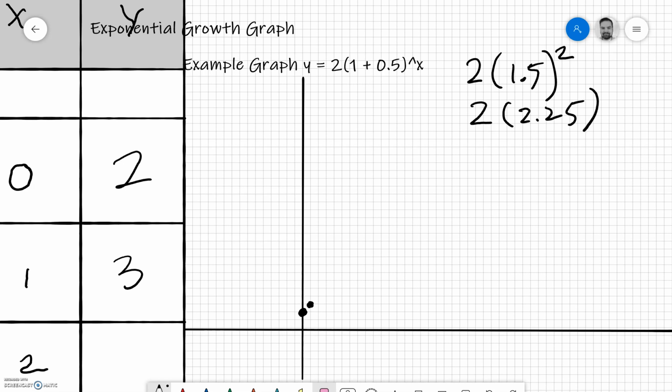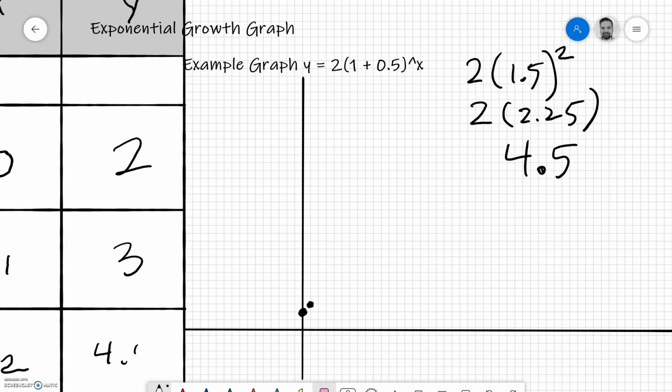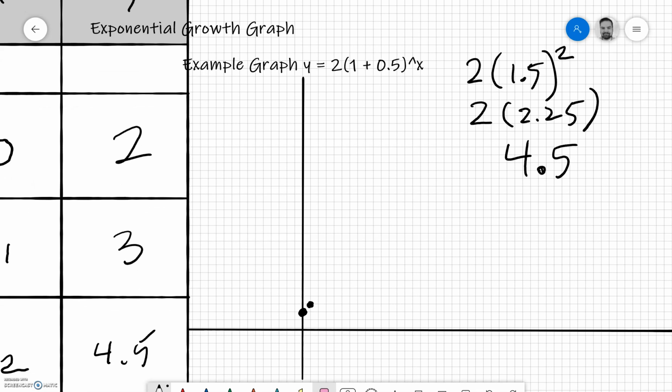If I do 2 times 2.25, that's going to equal 4.5. So the pace at which this is expanding is starting to pick up a little bit. That's going to be 2 and 3, 4.5, right about here.